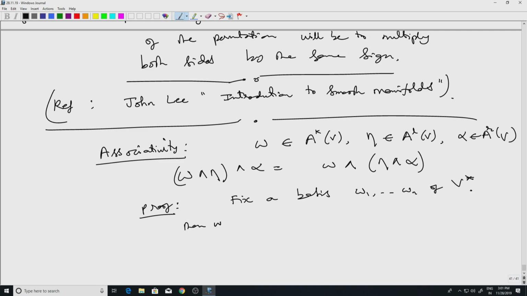Then we have a basis for AkV and so on given by epsilon I. The length of the index is dictated by the degree of the form one is considering, but we are using the same notation epsilon. The index set will keep track of the degree.